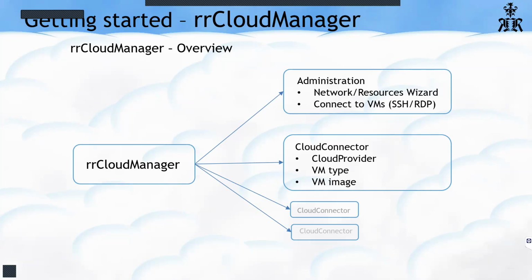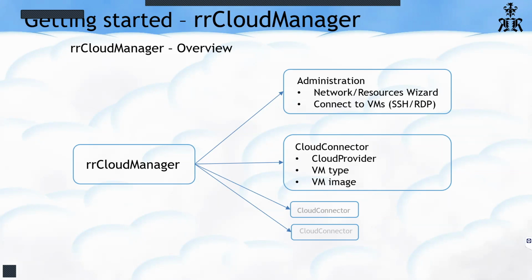But the main component of the Cloud Manager is the Cloud Connector. You can think of the Cloud Connector as a set of parameters and functionalities for, let's say, 10 cloud clients, cloud VMs with the same characteristics.